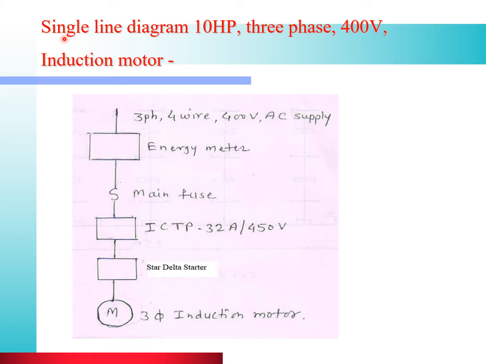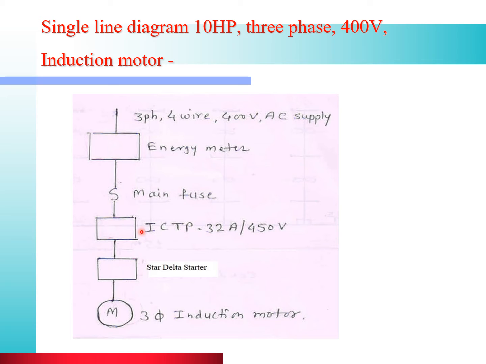Here we will see the single line diagram of the 10 horsepower 3 phase 440 volt induction motor. This is the single line diagram. Here a 3 phase 4 wire 400 volt AC supply is given. This is the energy meter. This is your main fuse. Then the ICDP switch 32 ampere 450 volt.